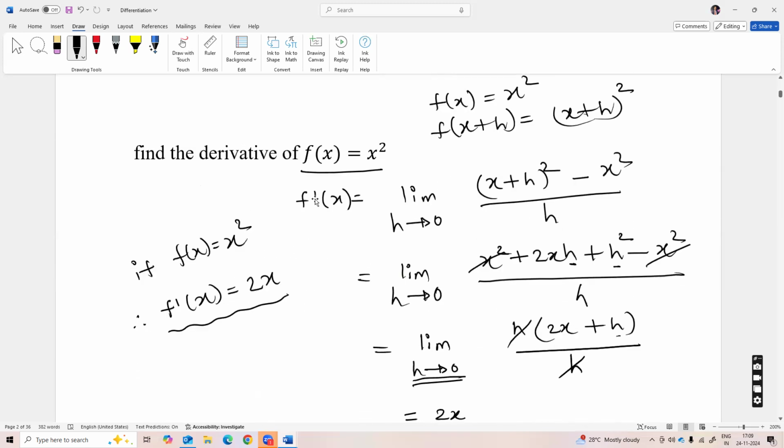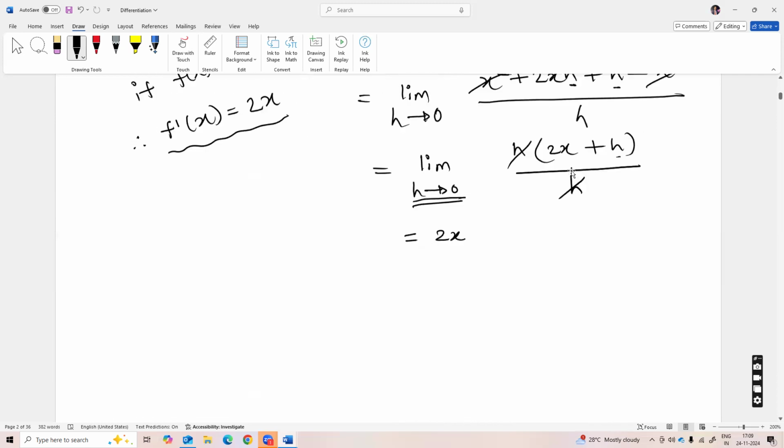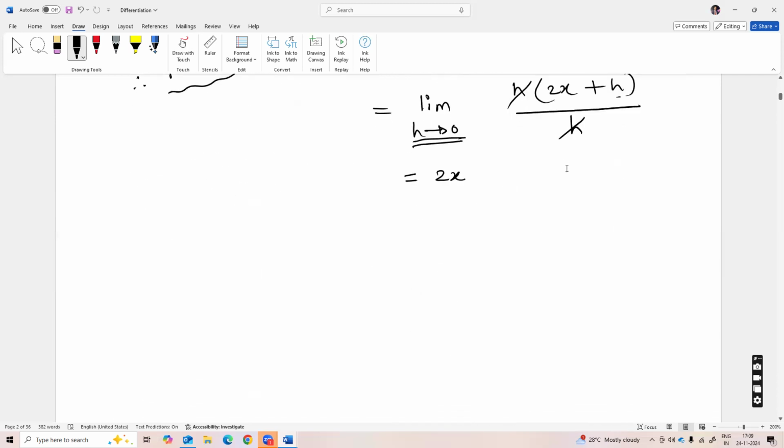Here what we have done is we have f of x given. Now, let's say it is a function like x square plus 2x is f of x.